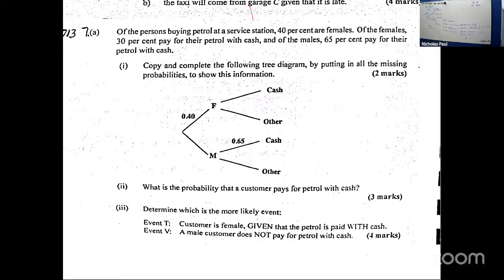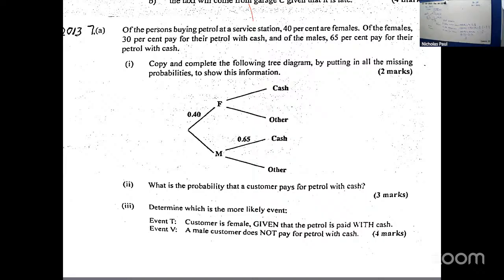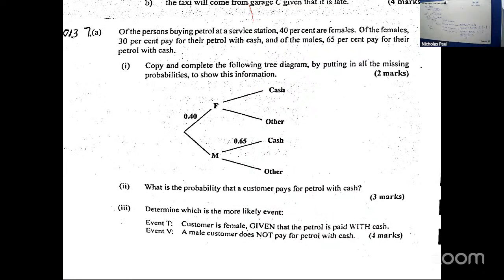Hopefully. Let's see. So of the persons buying petrol at a gas station, 40% are females, so we automatically know that 60% are males. Right?